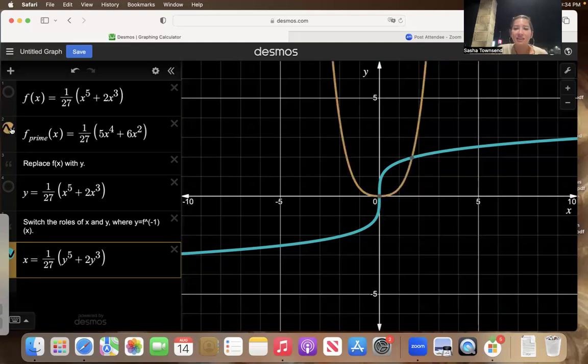When the original function f had a horizontal tangent line, a tangent line with a slope of 0, the f inverse function is going to have a vertical tangent line. So we're going to have a tangent line that has an undefined slope at x equals 0.